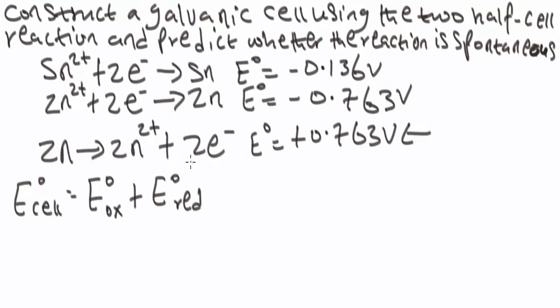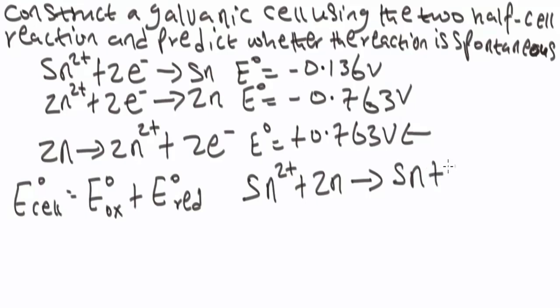So if we want to write the overall reaction, we're going to have tin ion plus zinc atom yield tin atom plus zinc ion. So this will be the overall reaction for it.